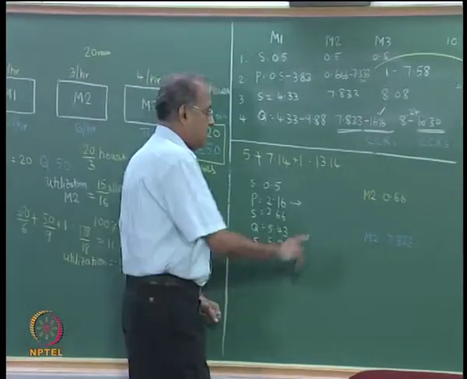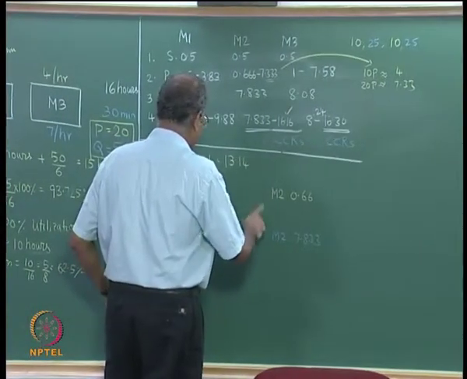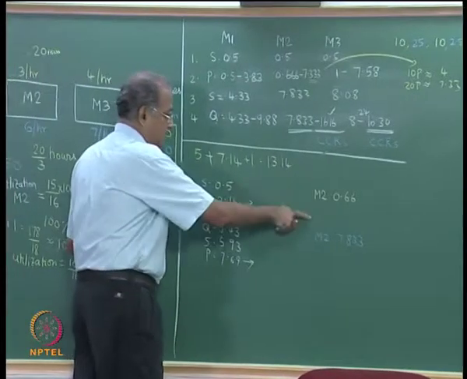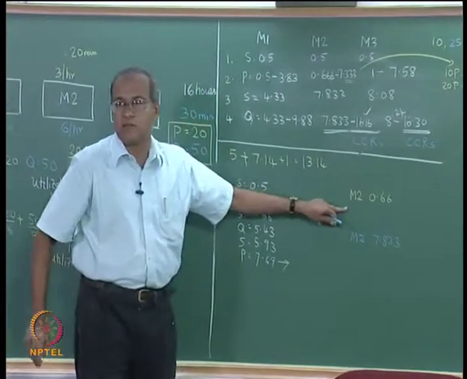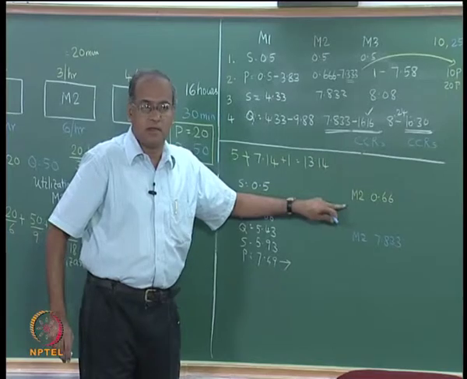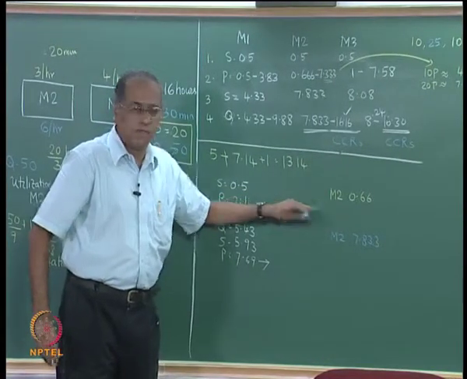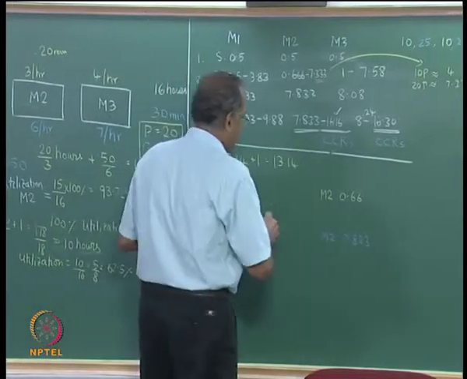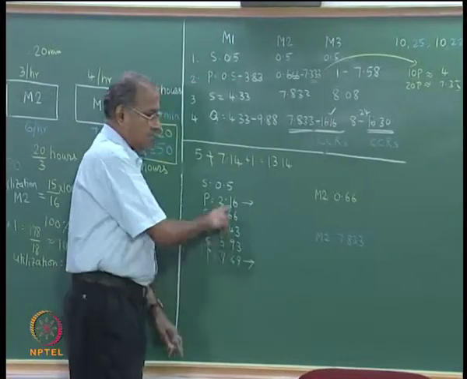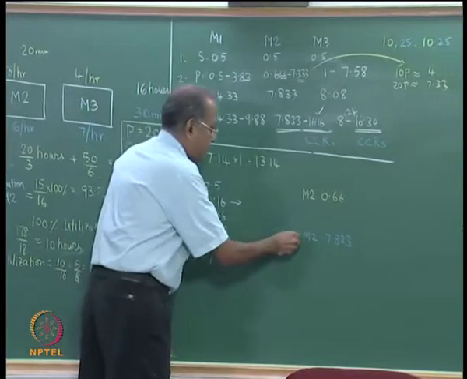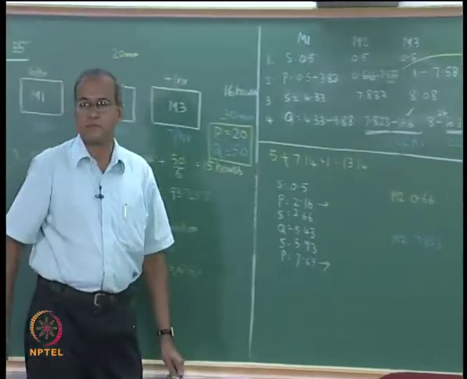But this has to continuously be producing P between this time, otherwise this will be starved. This will be idle for want of material, which we should not have. So we should check whether we are able to finish all the P before 7.833.